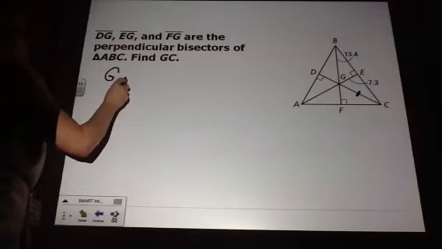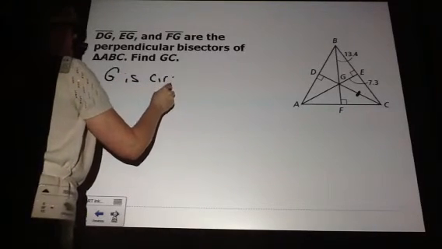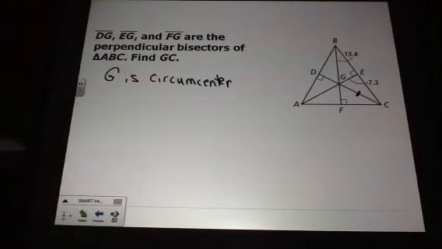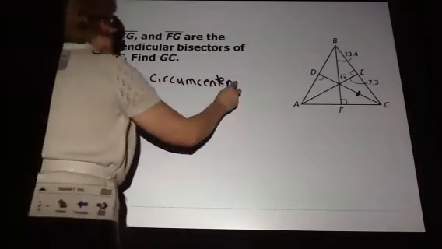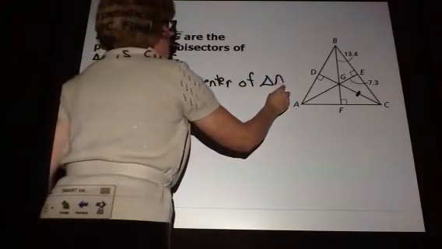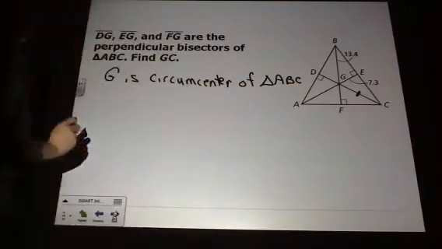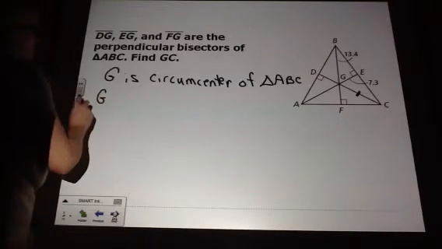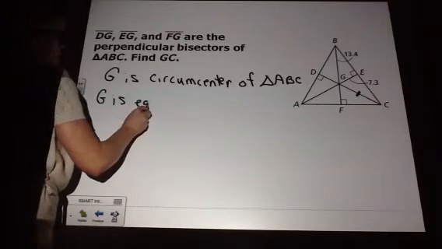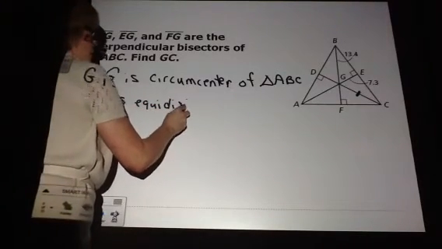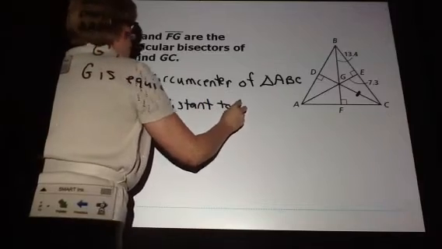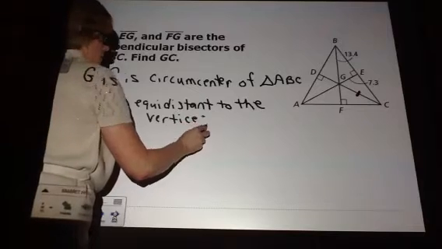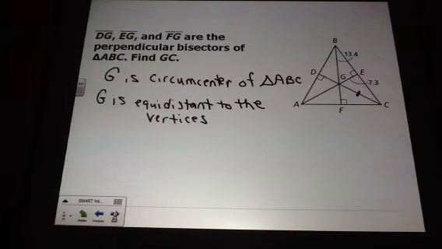Well, we know that G is the circumcenter of triangle ABC. Therefore, G is equidistant to the vertices.